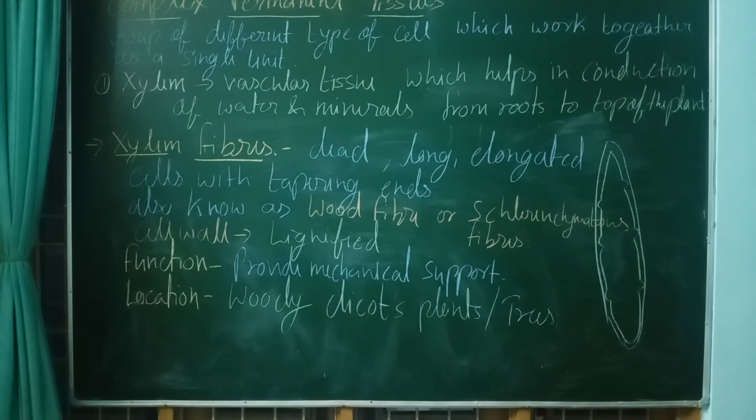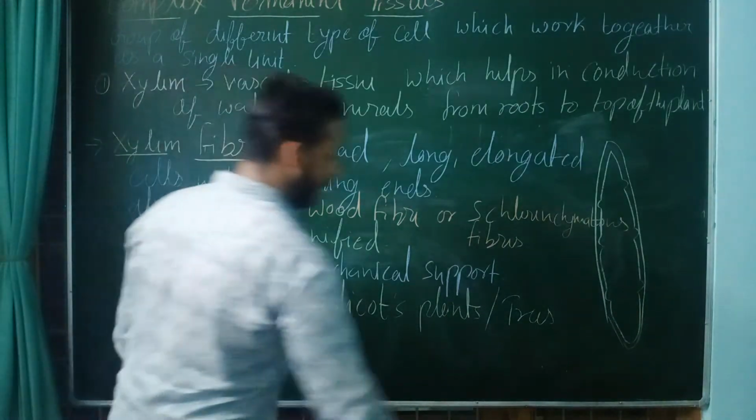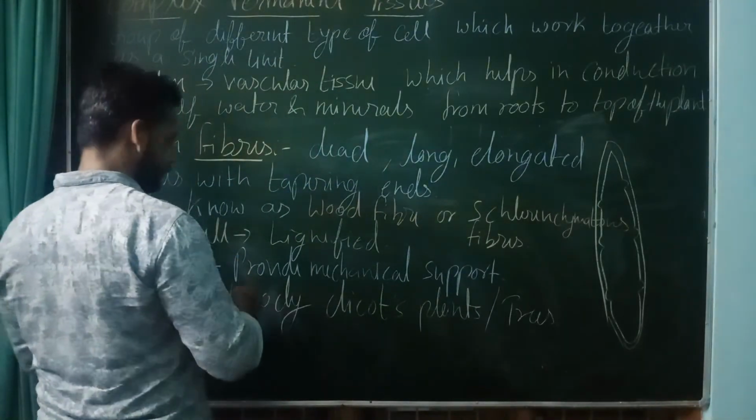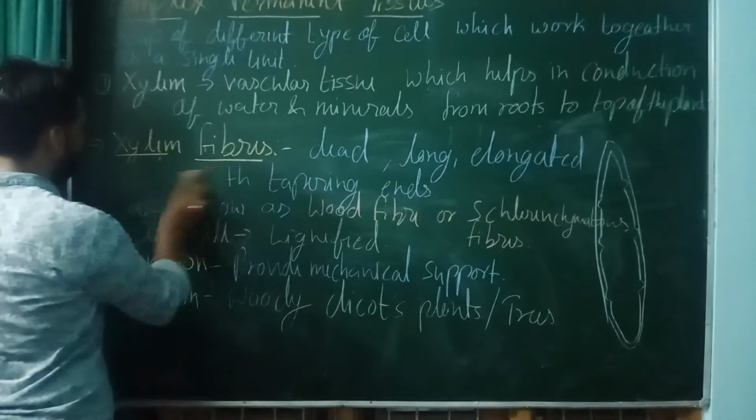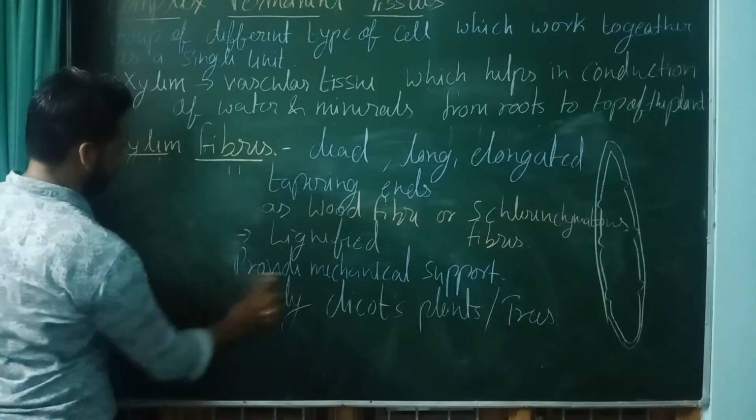Got it? Now, last but not the least, that is xylem parenchyma, or you can say wood parenchyma. The earlier ones are dead cells, but parenchyma cells are living cells. So here we can write xylem parenchyma.